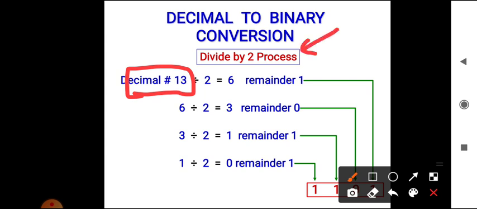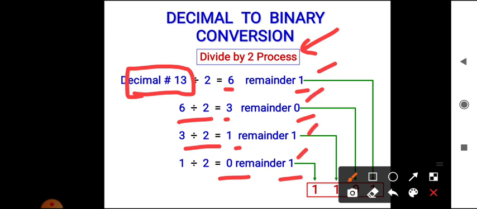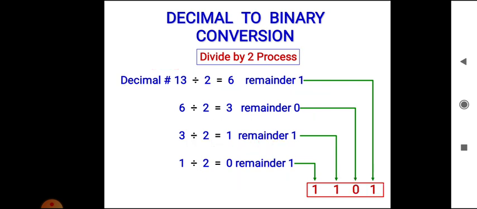13 divided by 2, we will get 6 and remainder 1. Again this 6 divided by 2 will get 3, remainder 0. Again 3 divided by 2 will get 1, remainder 1. Again 1 divided by 2, remainder 0 is not needed further. So we get the remainders 1 0 1 1, and we have to write them in reverse, this 1 1 0 1. 1 1 0 1 will be the answer for 13.